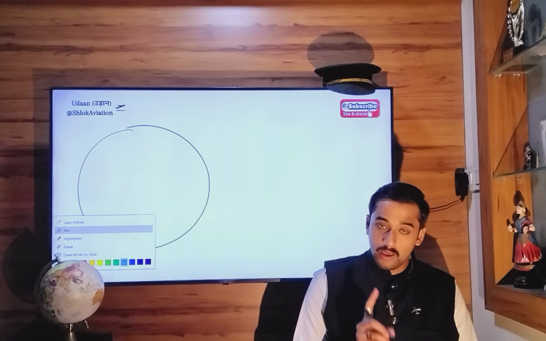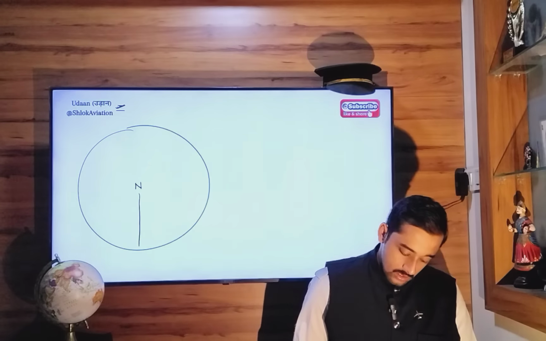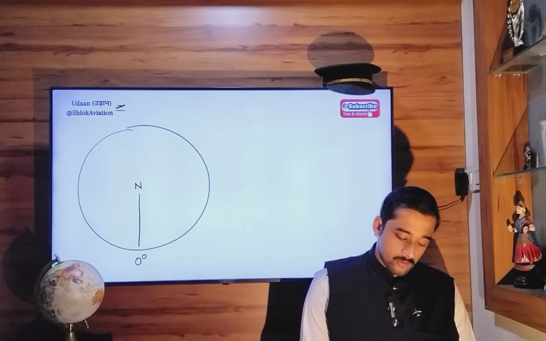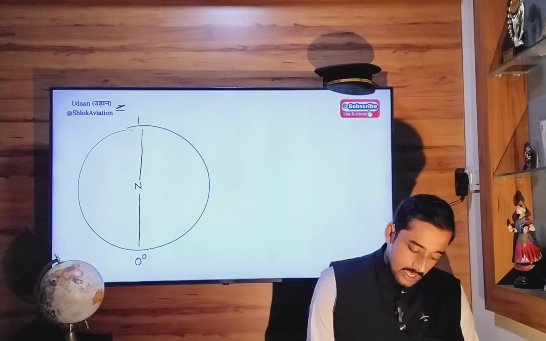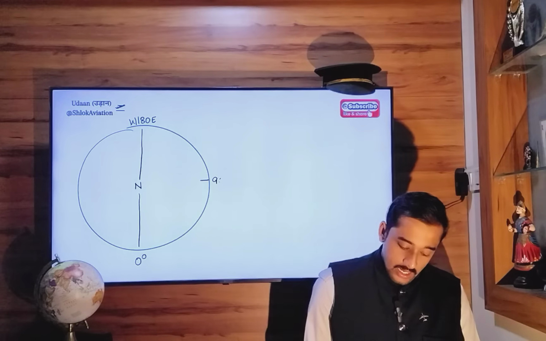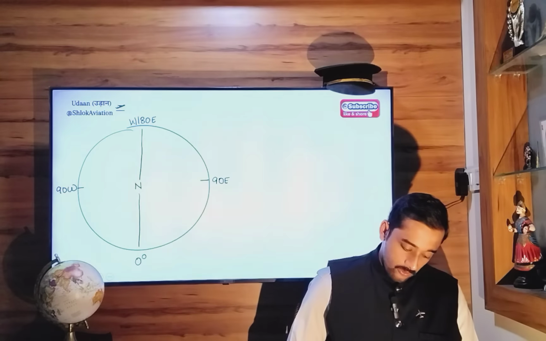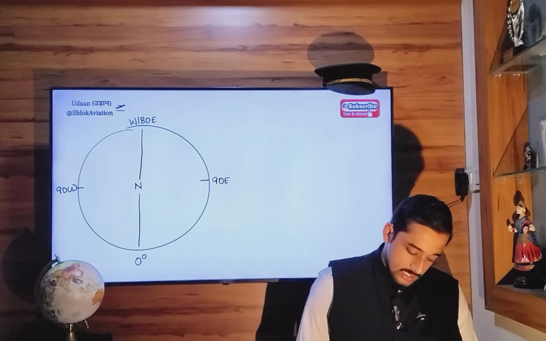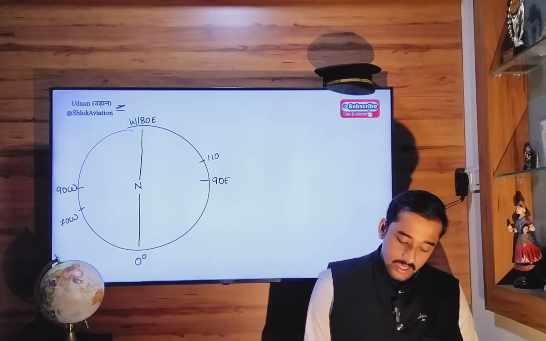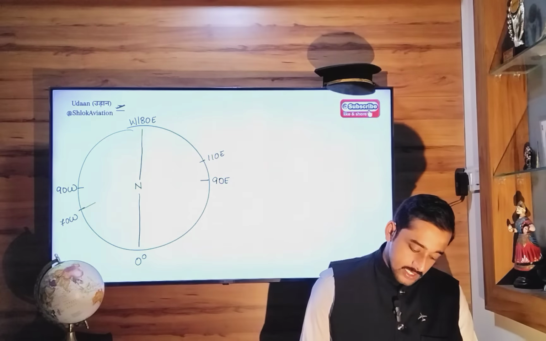To represent meridian and anti-meridian, you need North Pole. You are looking at the Earth from the North Pole, 180 east and west, 90 east, 90 west. So the first location is at 70 west. The second location is at 110 east. Both are opposite each other.